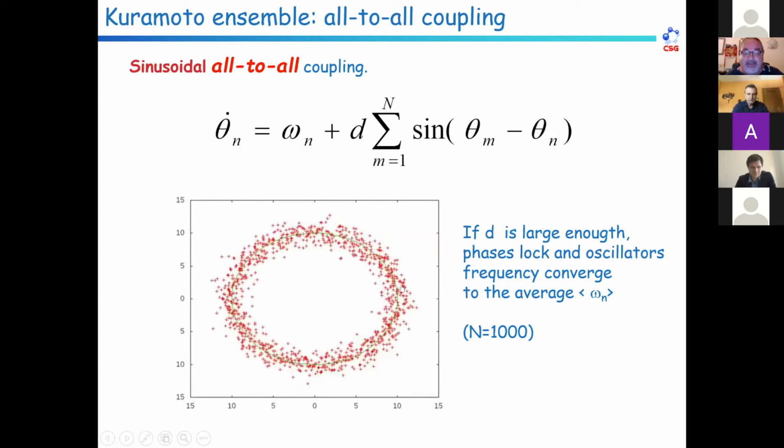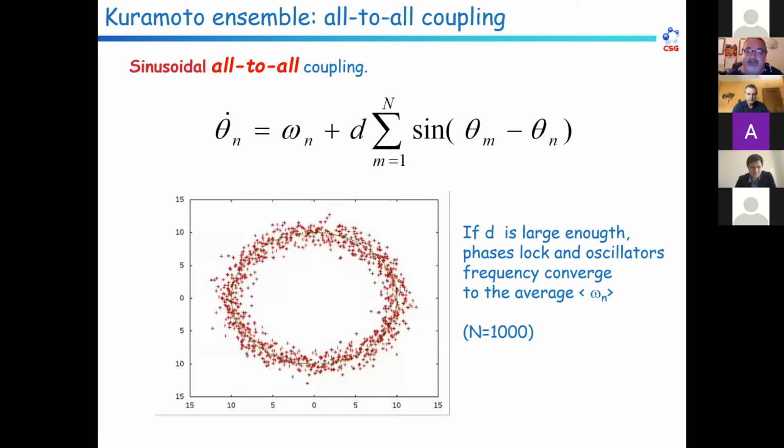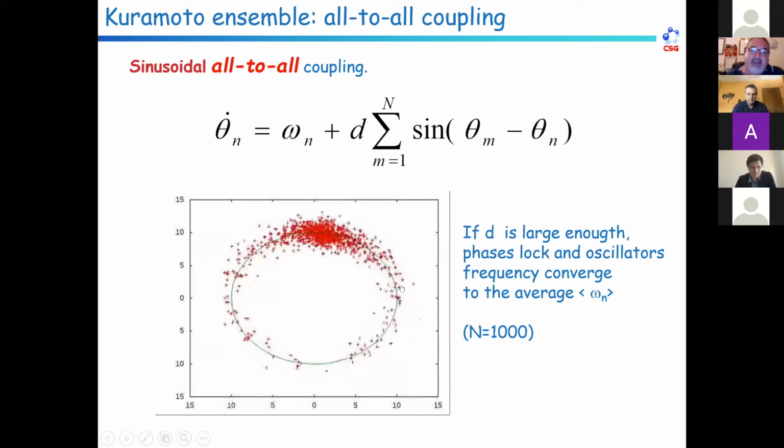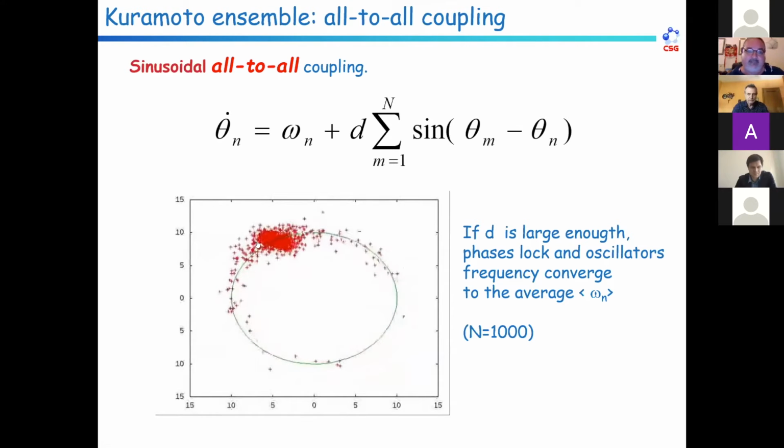And when you increase the coupling strength, you will see that this bunch of oscillators will group, will coalesce, will collapse into a single cluster, you see very well, which then, once it is formed, starts to move with the same frequency and the same phase around the unit circle. So basically, they synchronize. This is the classic Kuramoto model.